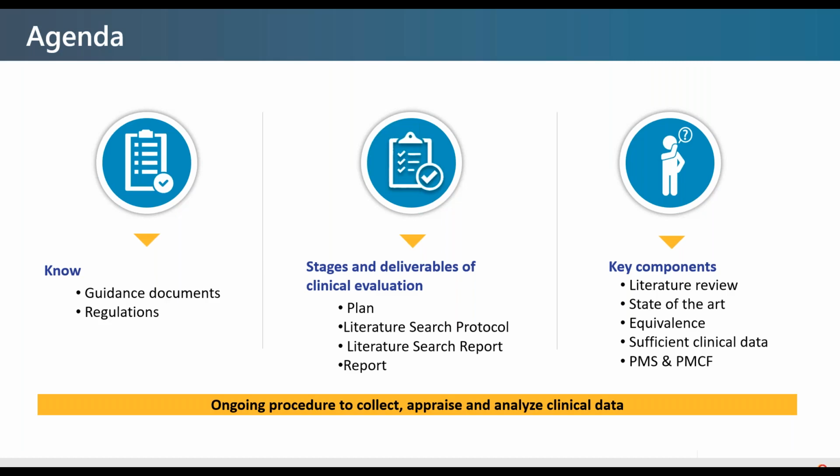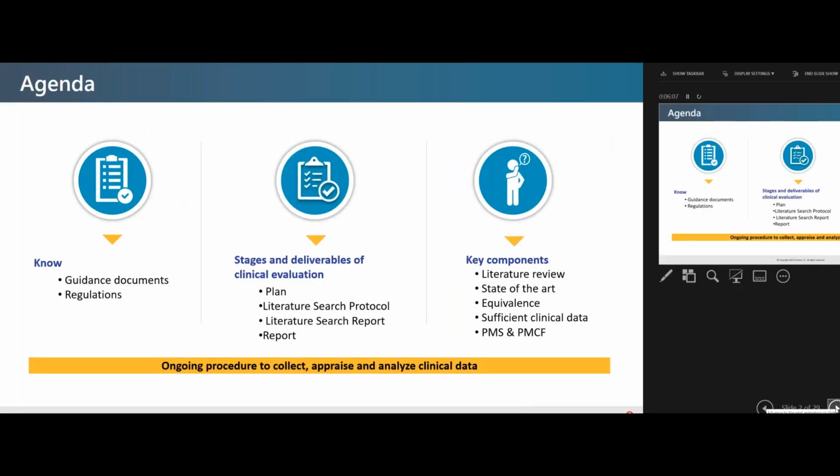We'll start with how to perform a methodologically sound literature review. And then I'll move into what's state of the art, and then how we show equivalence now, and then the ominous sufficient clinical data, and how do we know if we have that, and then finish up with PMS and post-market clinical follow-up. So a lot to cover, but we'll get there.